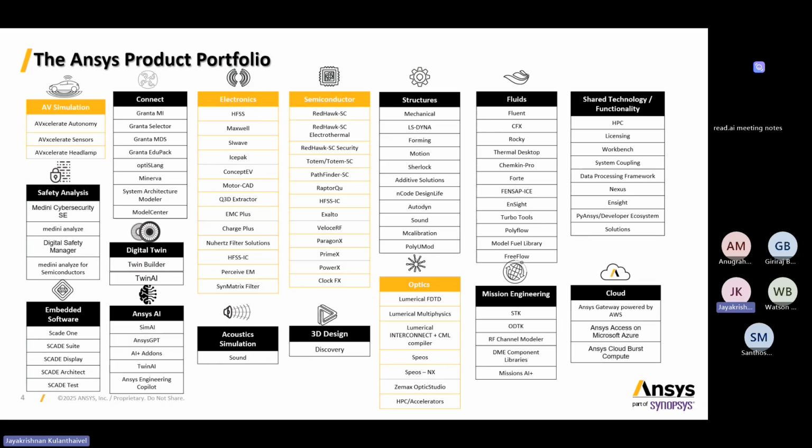So this is our Ansys product portfolio. We cover almost all the engineering physics, starting from electronics, semiconductors, structures, fluids, optics, acoustics, 3D design, and more. Over the years, many companies, industries, and researchers have been trusting Ansys for their research and product manufacturing.